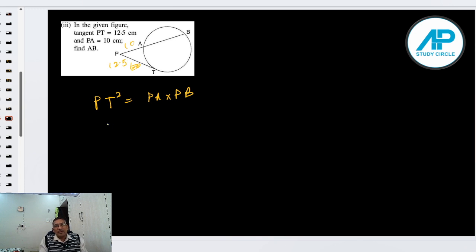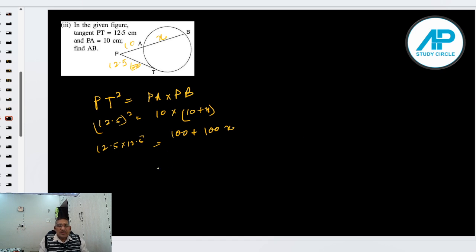I simply put the values; I need to find the value of AB, take it as X. PT square, 12.5 square equals 10 into 10 plus x. So you got 100 plus 10x equals the square of 12.5 into 12.5. Simply solve it to find the value of x. That will give you the right value of AB.